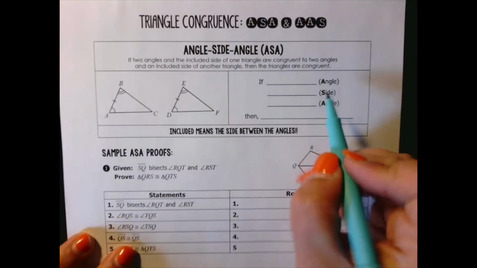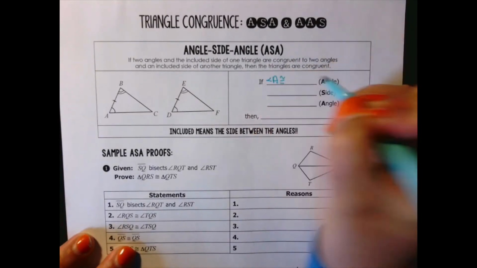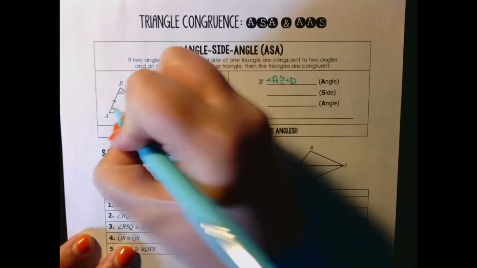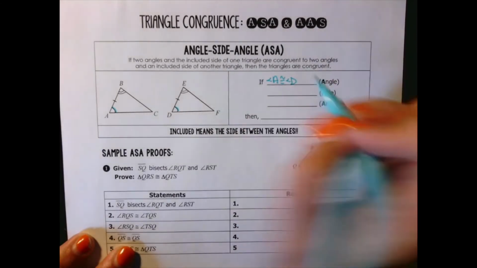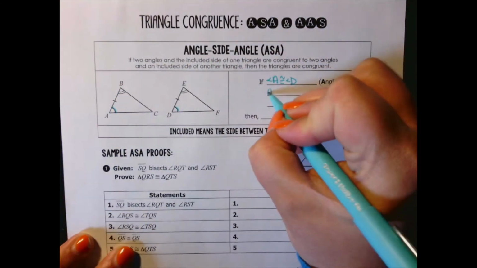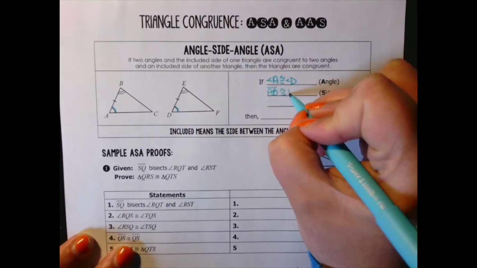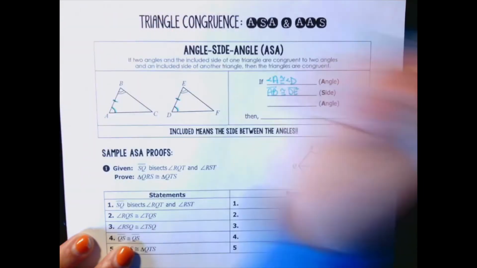So if my first pair of angles, angle A is congruent to angle D, so we have that little mark there. And then we have that side in between the two angles, so we have side AB is congruent to side DE. I have that little hash mark there so we know.